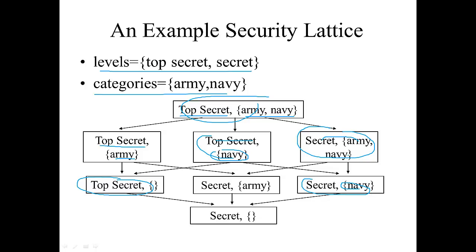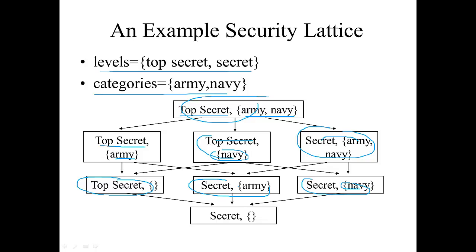Also, security with Army and Navy category is higher than security with Army. For example, a person who can view both Army and Navy documents can definitely view the security Navy documents and also the security Army documents.